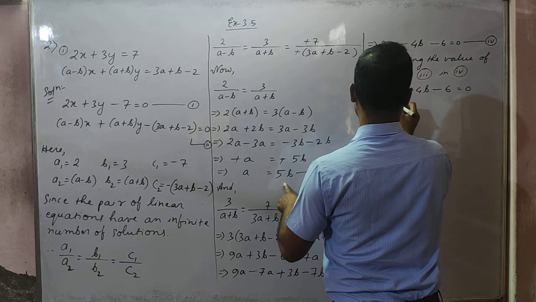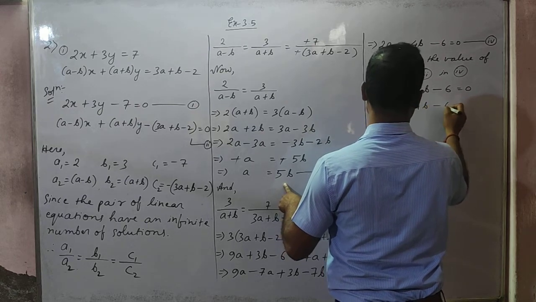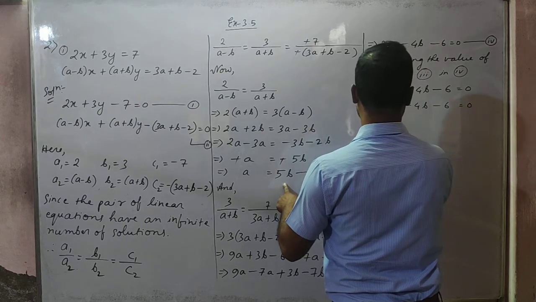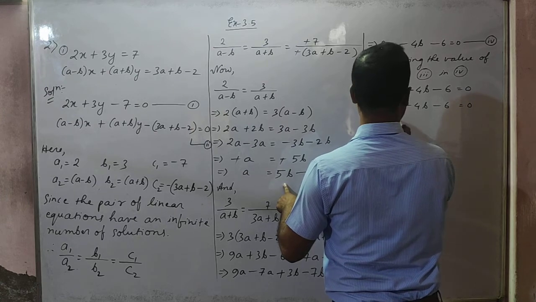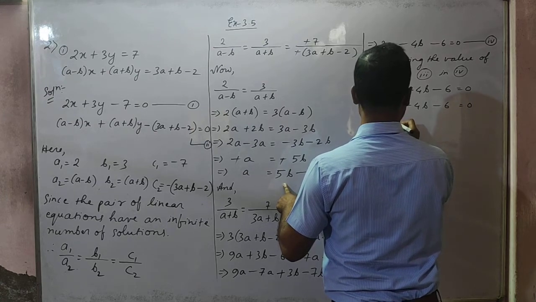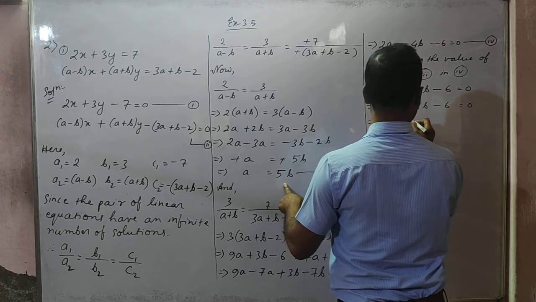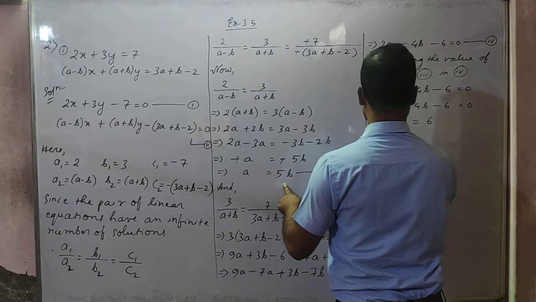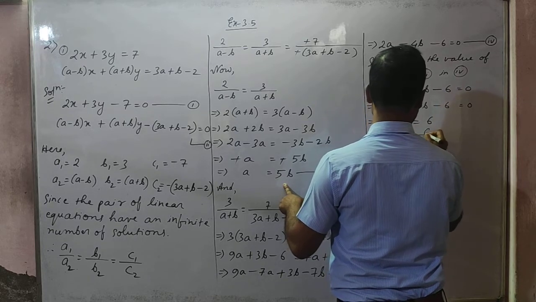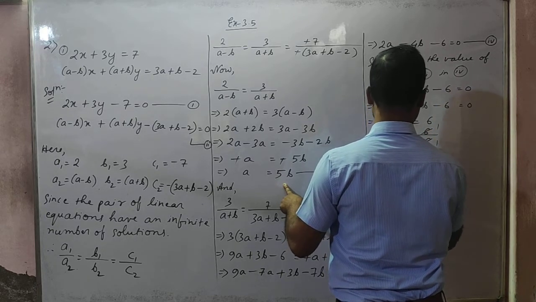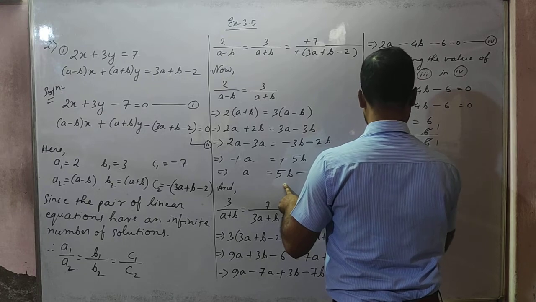So 10b minus 4b minus 6 is equal to 0. So 10b minus 4b means what? 6b. Isn't it? 6b is equal to 6. b is equal to 6 by 6. Answer is b is equal to 1.